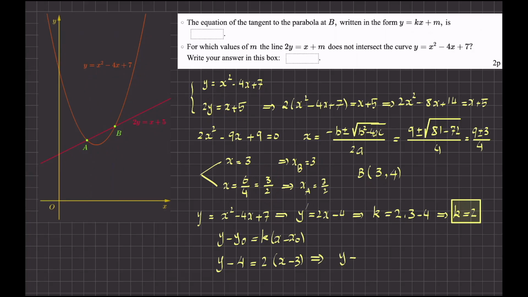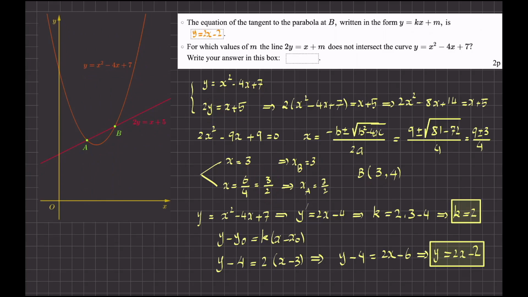So y minus 4 is equal to 2x minus 6. I move minus 4 to the other side, so it becomes 2x minus 2. Sorry. This is what you have to type in the box. Okay, so y equals 2x minus 2. That's the answer.